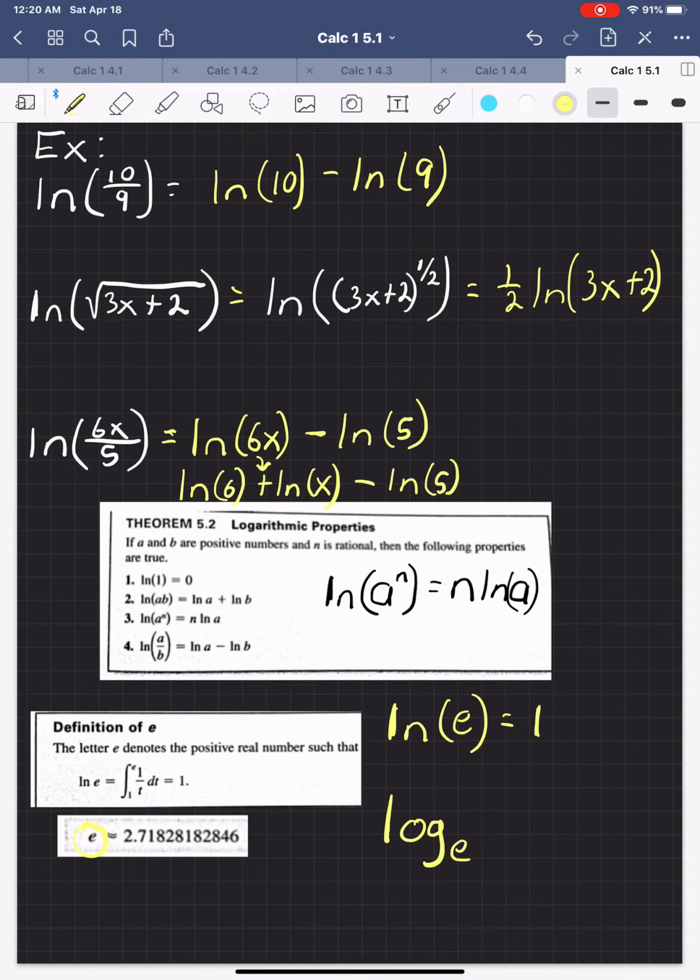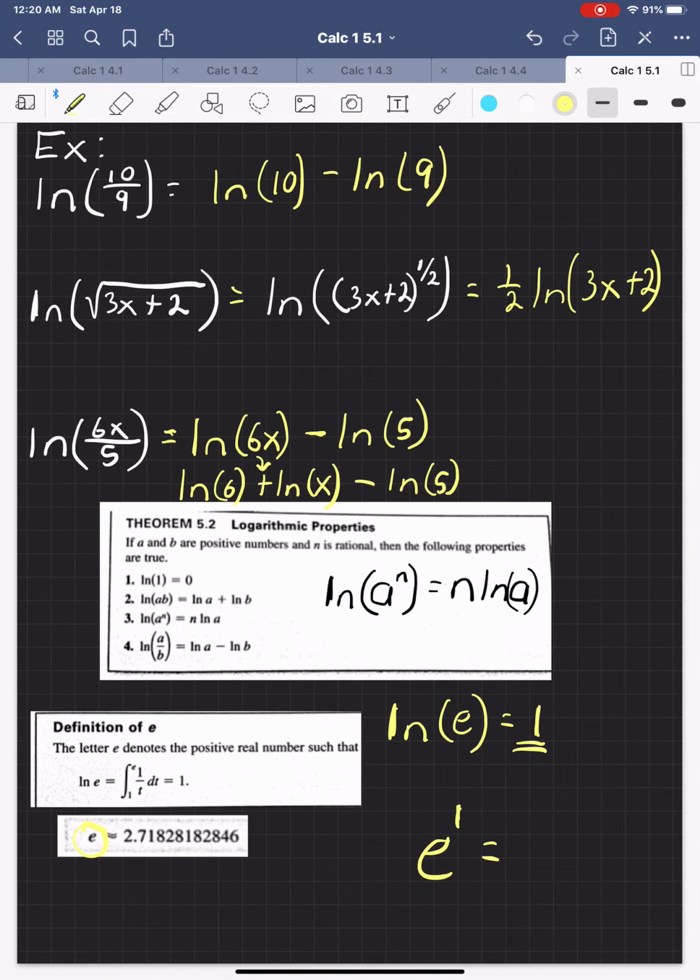let's think about this in exponential form. Since our natural log is just a special logarithm, we could think about base e, to the power of, remember, this is your base, so this is your exponent here, e to the power of 1.